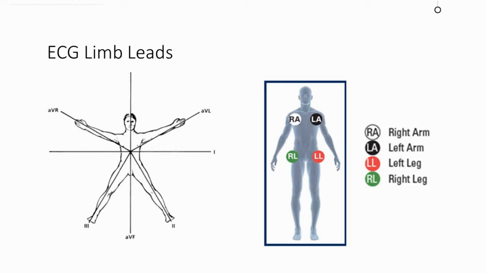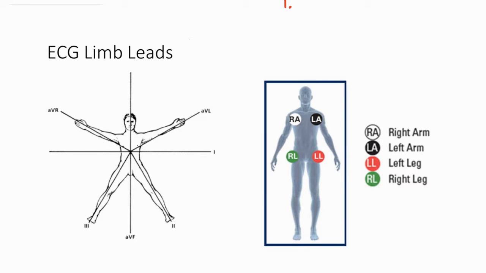If the leads are not placed properly, that can turn a completely normal EKG into an abnormal one, and vice versa. The electrical conduction of the heart is actually seen in a three-dimensional plane, but there are two main dimensions that we look at with the EKG leads.